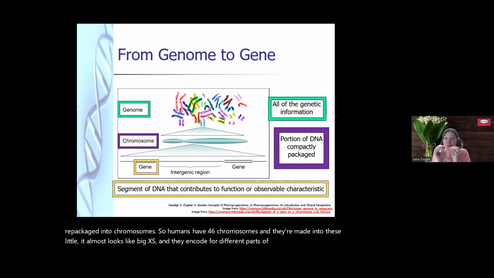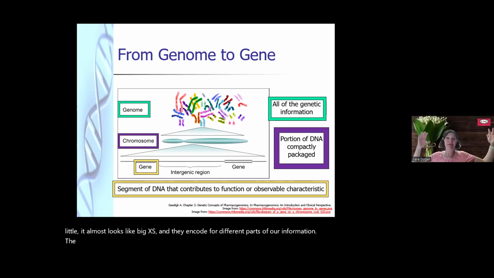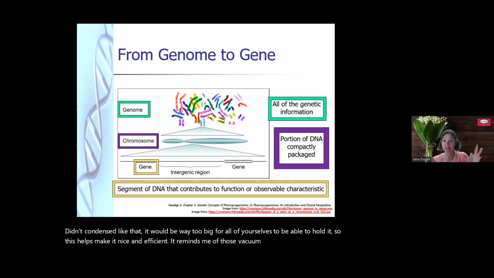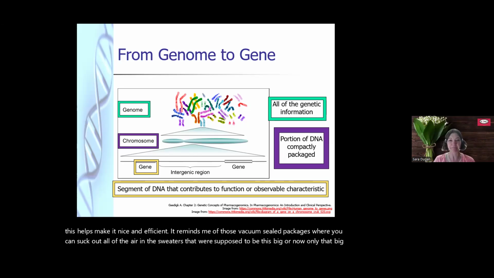The reason that it's packaged this way is because if it wasn't packaged and condensed like that, it would be way too big for all of your cells to be able to hold it. So this helps make it nice and efficient. It reminds me of those vacuum sealed packages where you can suck out all of the air in the sweaters that were supposed to be this big or are now only that big. So it's a lot like vacuum sealing your whole genetic code.